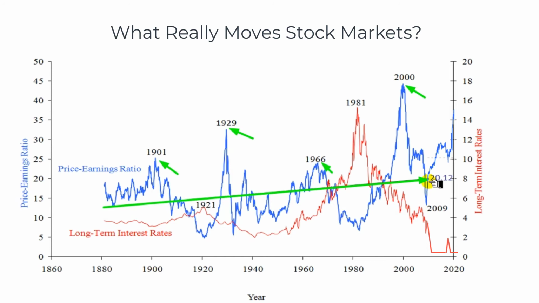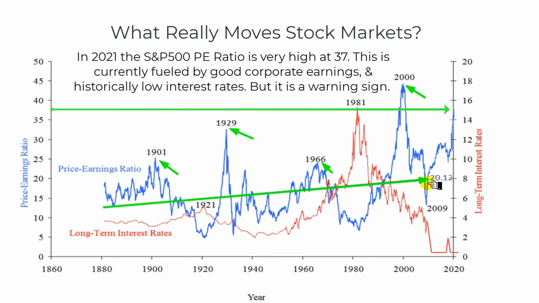So the question is, how much growth can we see in the market from where we are today? Now that might be quite limited. We'd need to see strong earnings to justify further growth in the markets and the stock prices.